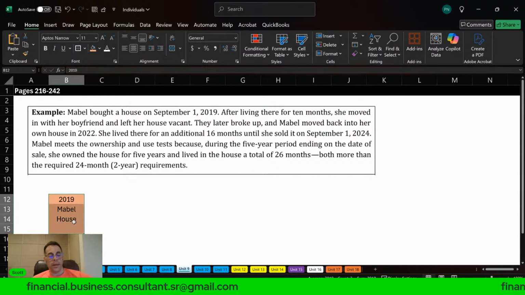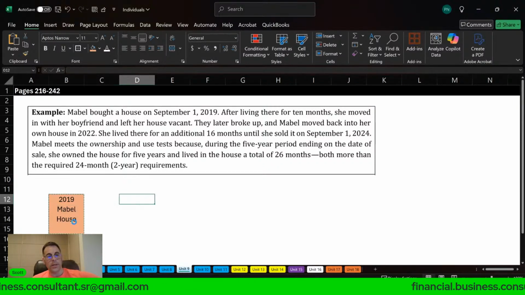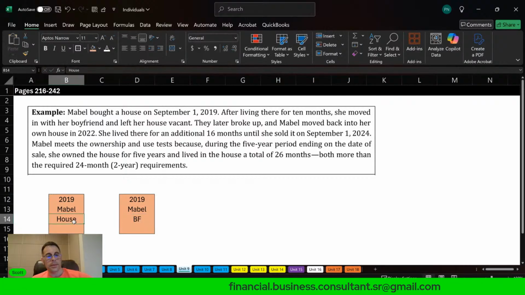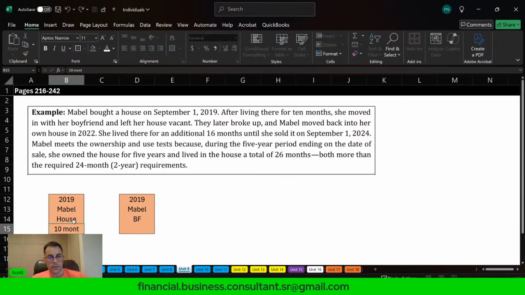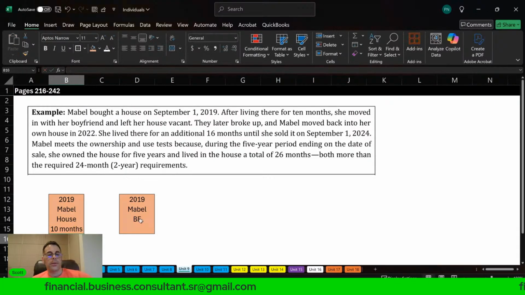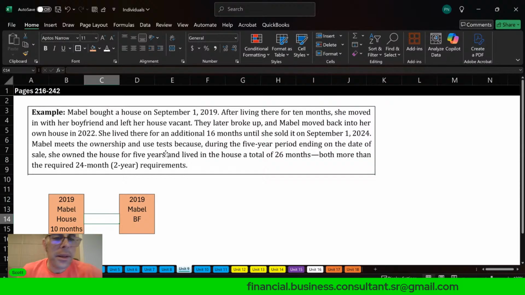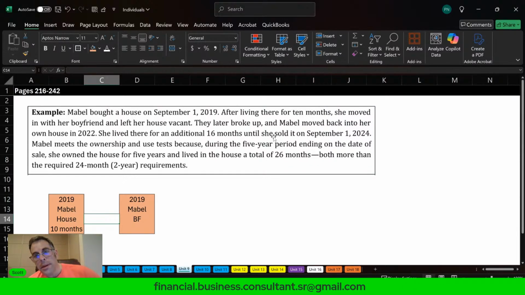And then she moved maybe across the town. So now she lives with a boyfriend. Then they broke up and Mabel moved back to her house in 2022.